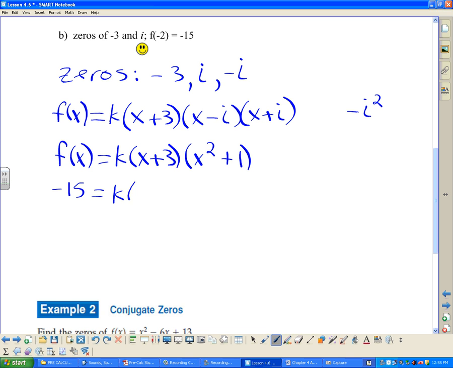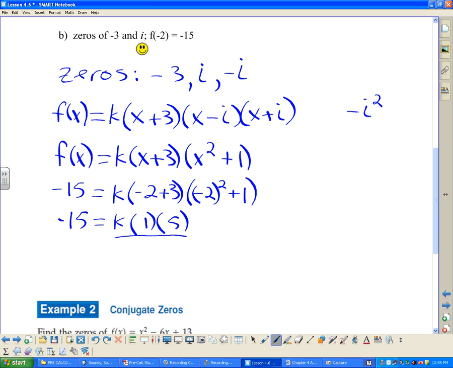So k times negative 2 plus 3 times negative 2 squared plus 1. So we get negative 15 equals k times 1 times 4 plus 1 is 5. So we'll divide by 5, and we get k equals negative 3.